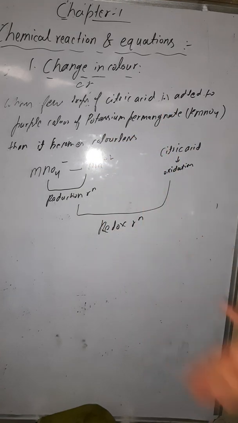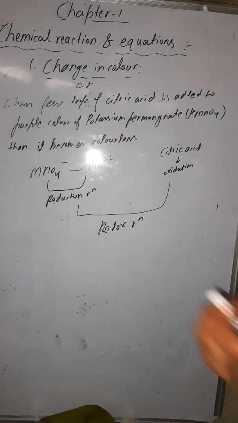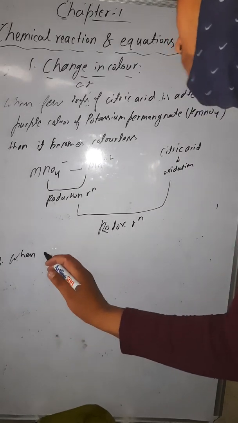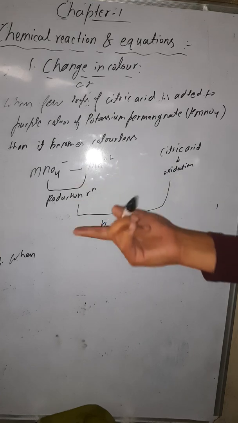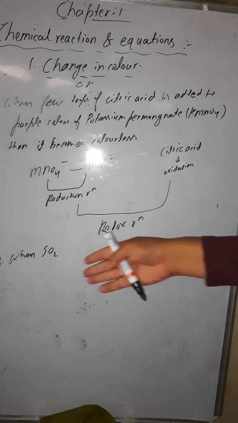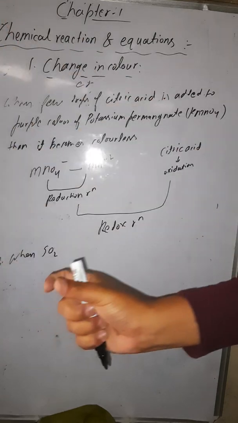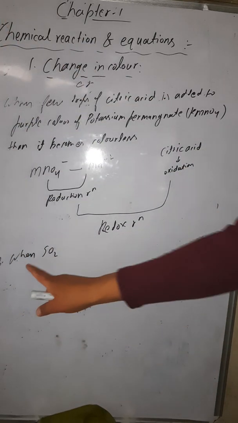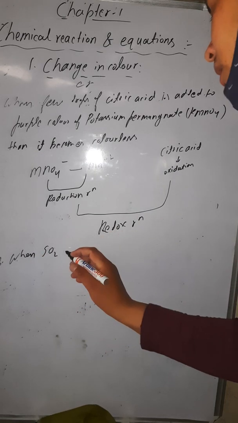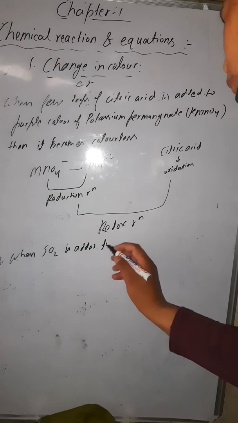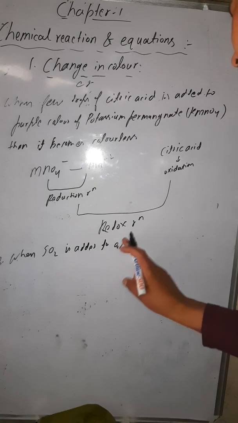The example is acidified potassium dichromate solution. Let me read it again. When sulfur dioxide, SO2, is added to acidified potassium dichromate solution. Keep writing these chemical formulae somewhere in your notebook separately, you have to remember this.